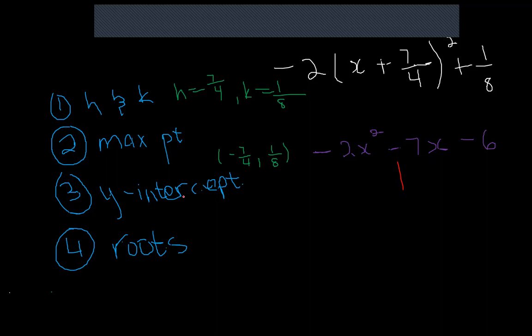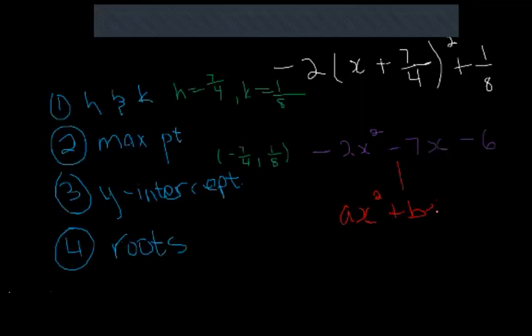Okay, back to the question. We're trying to find the y-intercept. And I told you, to find the y-intercept, all you have to do is identify c. What am I talking about? Well, they gave us this quadratic function, minus 2x squared minus 7x minus 6. Remember that a quadratic is in the form ax squared plus bx plus c.